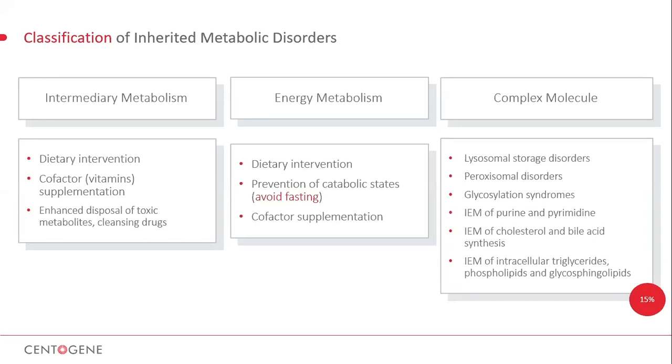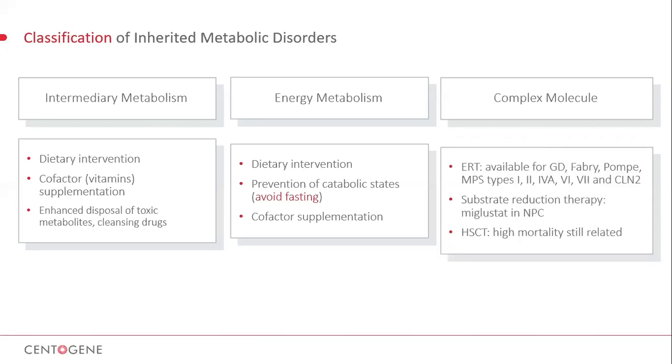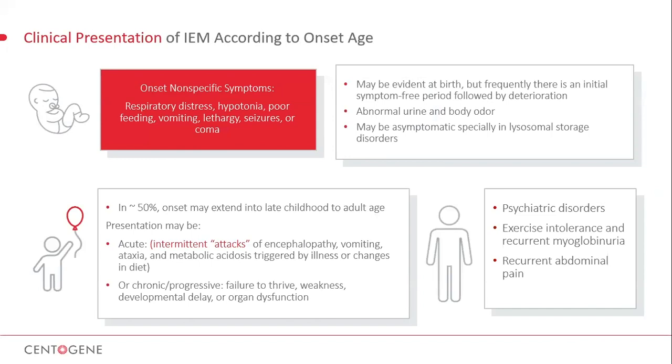Here we can encounter lysosomal storage disorders or peroxisomal disorders. And recently, some therapies have been implemented for some of these disorders, like enzymatic replacement therapy, which is now available for some lysosomal storage disorders. Also, there are therapies for the reduction of substrate, and hematopoietic stem cell transplantation has also been implemented with some success.